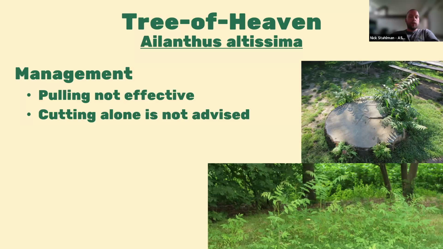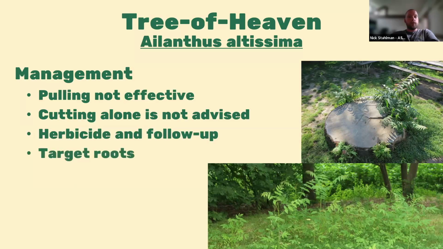Tree of Heaven is really one of those that you should use herbicide to remove if that's your goal. I will share resources that you can look at to find the appropriate herbicides to use and the timing, because timing is very, very crucial for Tree of Heaven. This needs to happen mid to late summer, and we have to target those roots.